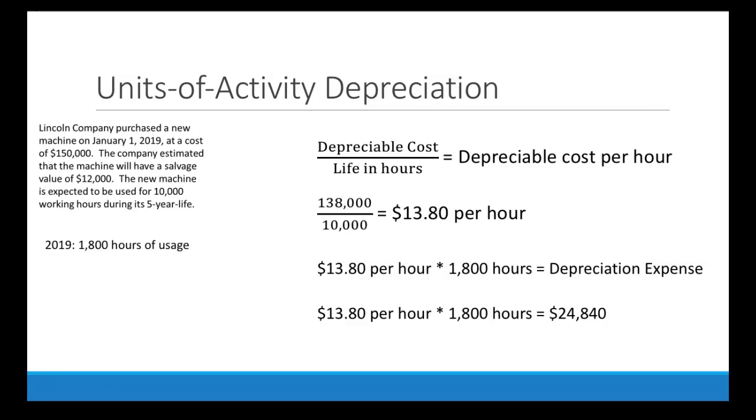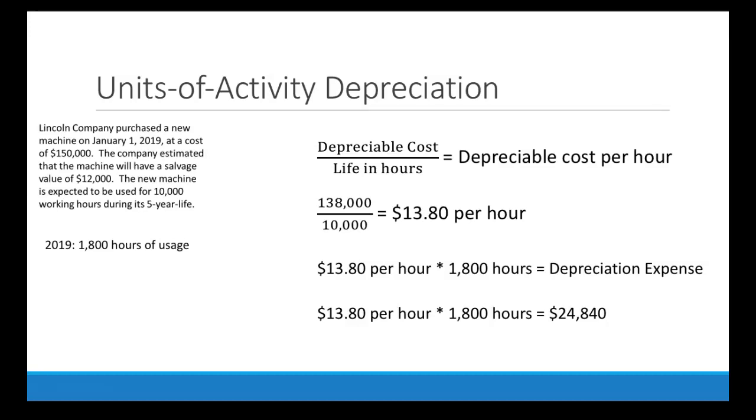Under units of activity, if we bought this machine on December 1st rather than January 1st, we would just expect that the actual amount of usage would be less. So you don't need to worry about when you purchased your asset under the units of activity method.